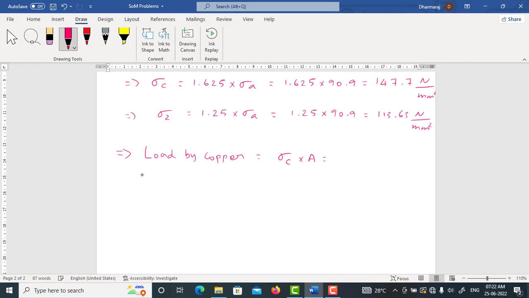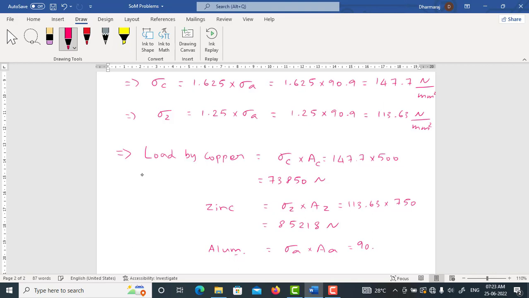The load shared by copper is stress into area. Stress we found, so stress into area 500 will be around 73850 Newton. Similarly for zinc, sigma Z into area is 113.63 into 750, which equals 85218 Newton.